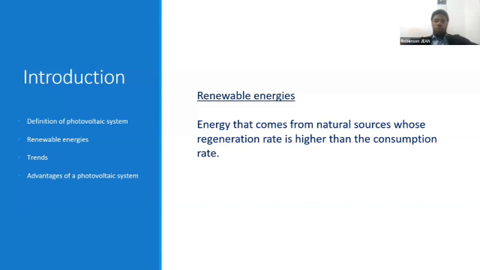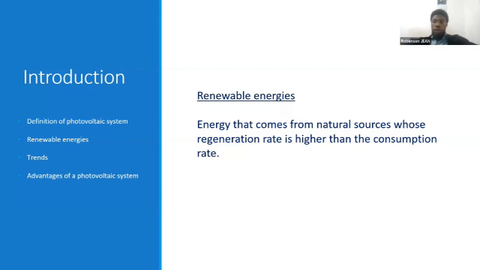But what is a renewable energy? Renewable energy is all types of energy that come from a natural source whose generation rate is higher than the consumption rate. So if this is not true, we don't have renewable energy. For instance, we can see the wood, for example, the energy wood.